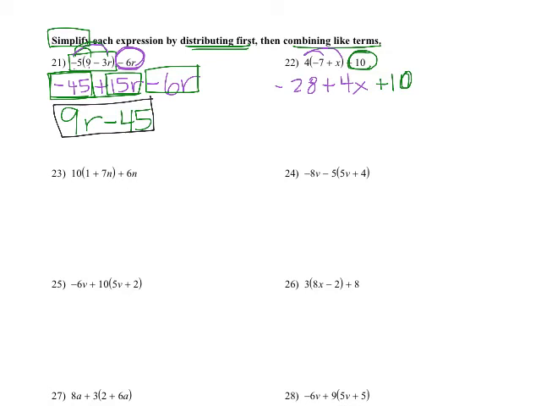I see that I have a negative 28 that does not have a variable, and a 10 that does not have a variable. I'm going to combine those together, so I'm going to end up with negative 18. The 4x does not have anything to be combined with, so I'm going to tack that on with the negative 18, and here's my final answer.